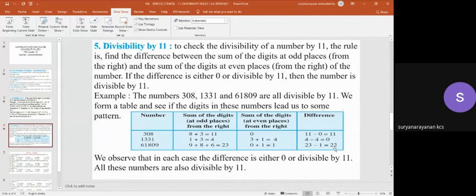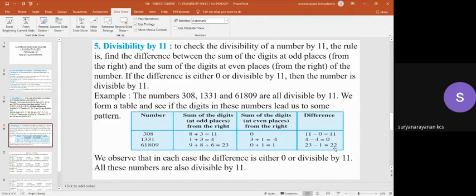If you divide this number 61,809 by 11 using the long division, finally you get a remainder. What will you get as the remainder? My dear children, what will you get as the remainder?